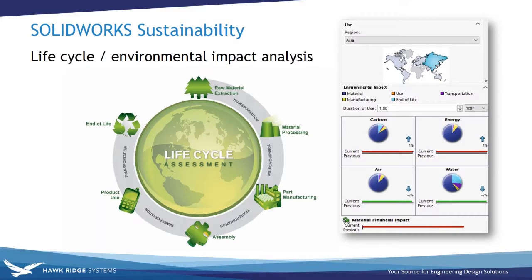So if you do have any interest in optimizing, basically reducing environmental impact, that's what SOLIDWORKS Sustainability can help with. And it allows you to do that same quick change and see environmental impact on the part or assembly.